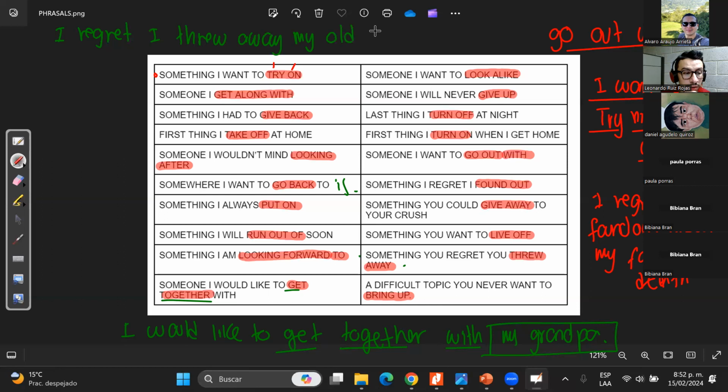Throw away is separable. So I can say, for example, I regret I threw my old drawings away. It's also a possibility because it's a transitive and separable verb. So I can say it like that. Very good.